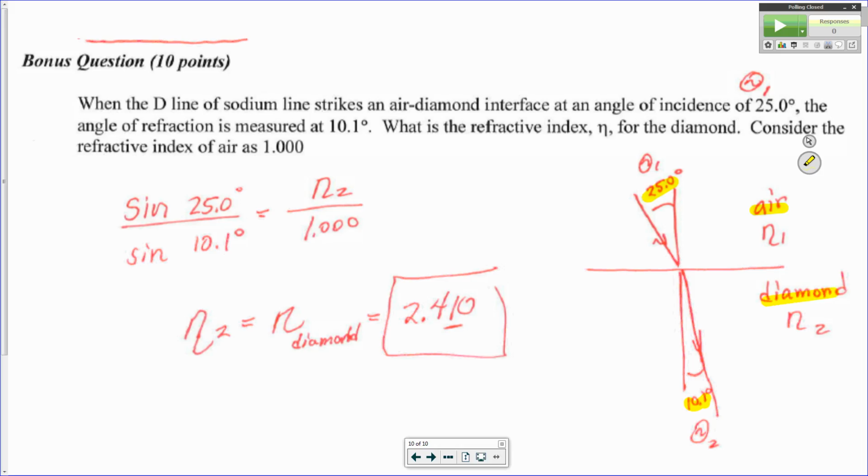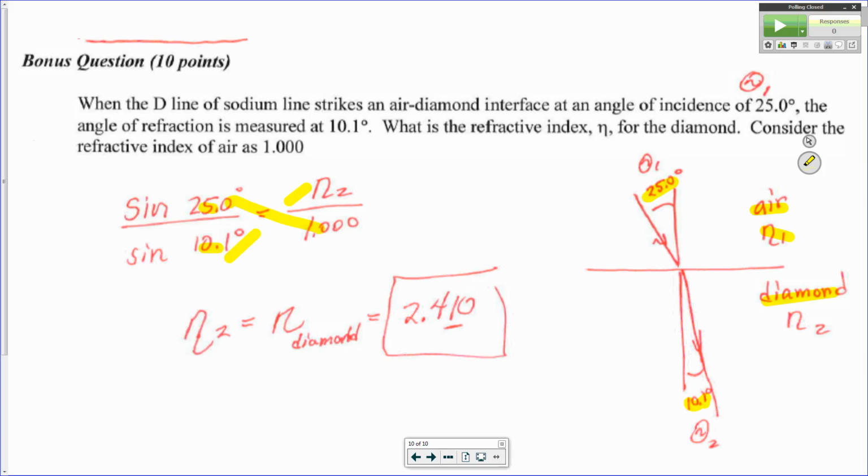I want to know the refractive index for the diamond, considering the refractive index of air is approximately 1. So you simply set up Snell's law. It says the ratio of the angles is equal to the inverse of the ratio of the refractive indexes, so this one's paired up with this one, and this one's paired up with this one. I just plug the numbers in, and the refractive index for diamond is about 2.